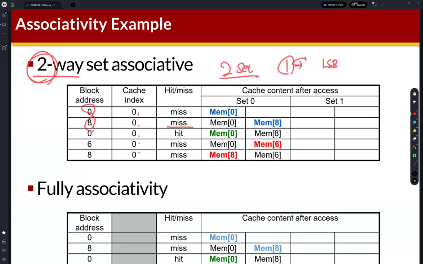8 also has cache index 0, but what is different? In a two-way set associative cache, the target set, set number 0, includes 2 cache blocks, so it has an available cache block. So memory 0 is not evicted.